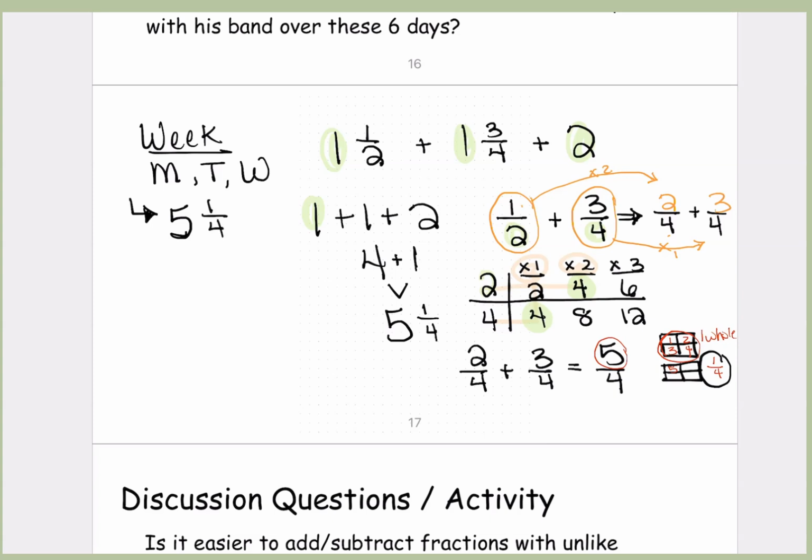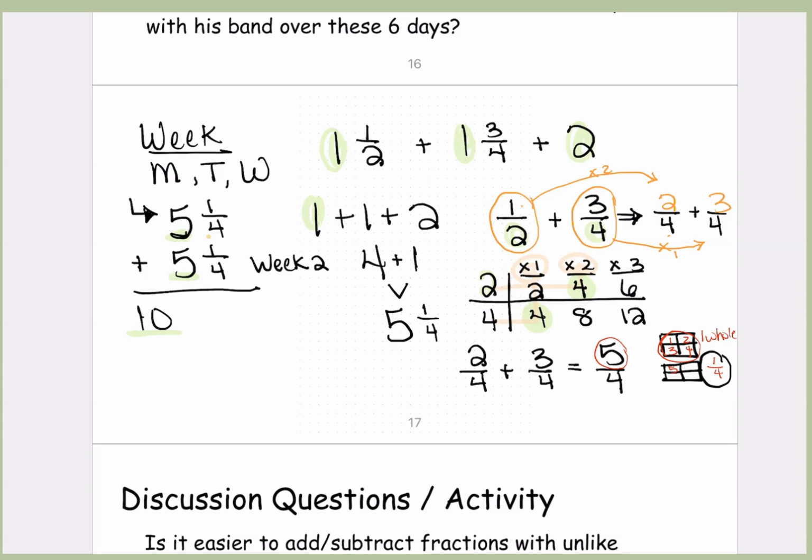1/4 hours. If we wanted to add week 2 to that, we can just add it together, 5 1/4 hours here again for week 2. Now we can add this whole and this whole to give us 5 plus 5, which is 10.